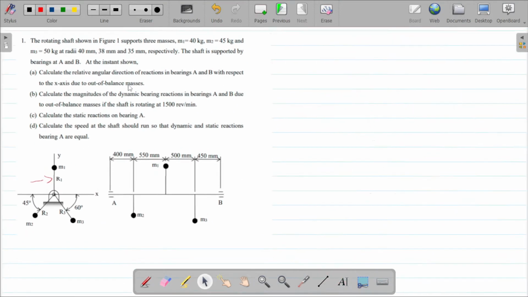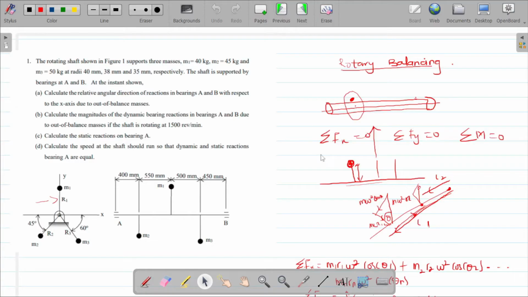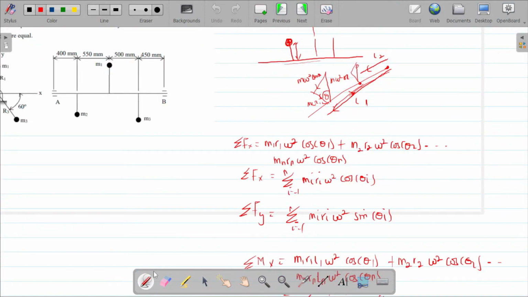If we come to the equations we've generated, for the force to be equal to 0, you realize that the omega doesn't have i. Why? Because the angular velocity of the shaft is the same for all the masses, so we didn't have any respective angular velocity for an individual mass. So we can factorize the omega squared out.